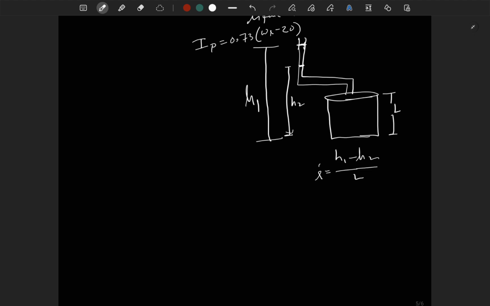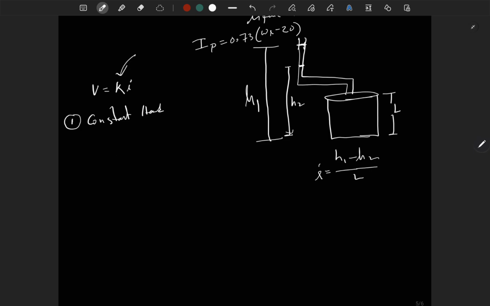Now according to Darcy's law, for laminar flow in homogeneous soil, velocity of flow is equal to Ki. Okay, K is the coefficient of permeability, i is the hydraulic gradient. There are two types of tests we generally conduct to determine the permeability of soil. One, the constant head permeability test.